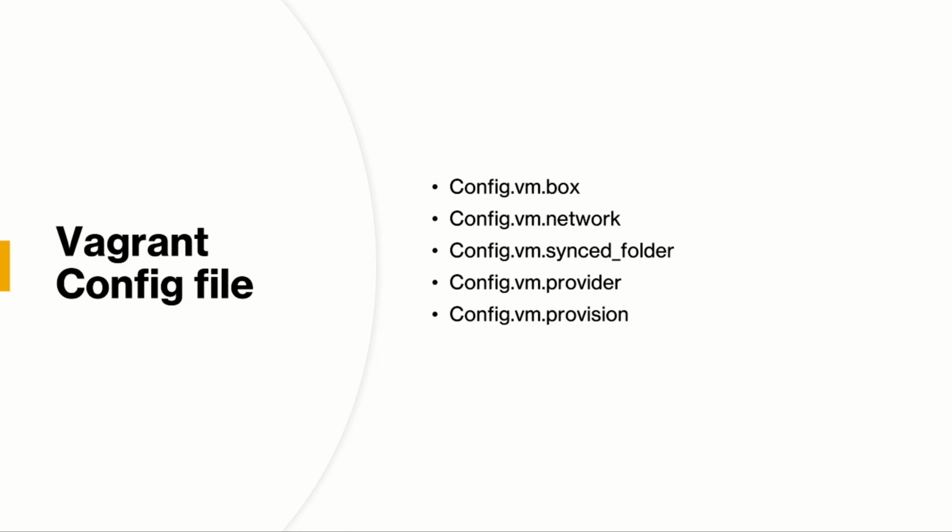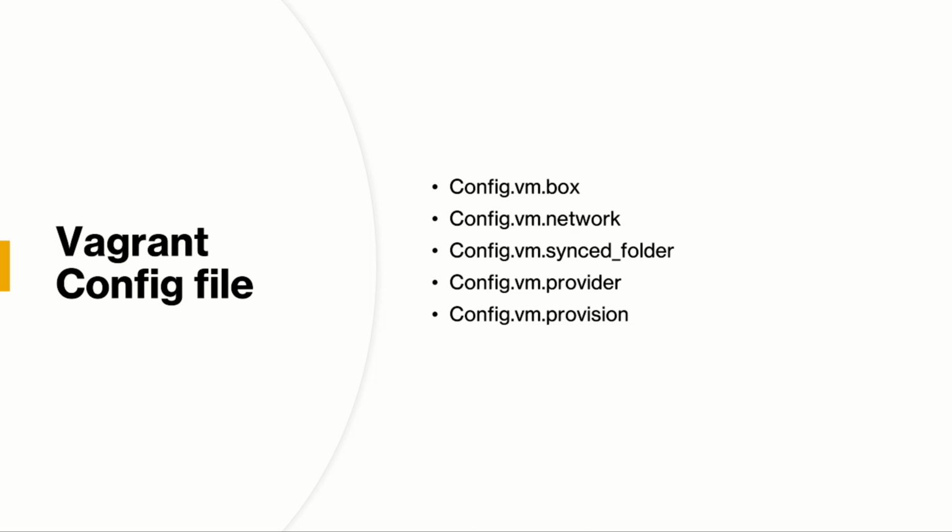Now as we have already installed Vagrant, we will look into some important configurations in the Vagrant config file. Mostly there are 5 configurations that we will be seeing. First is the configuration of your VM box, that is, which type of VM you are going to install.